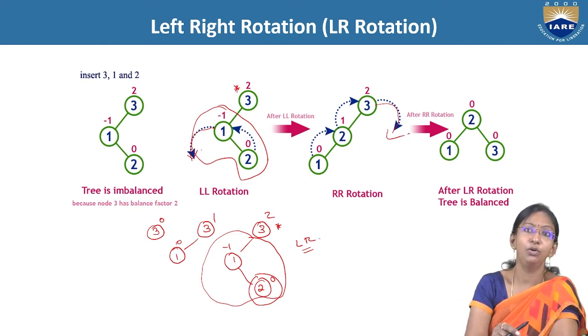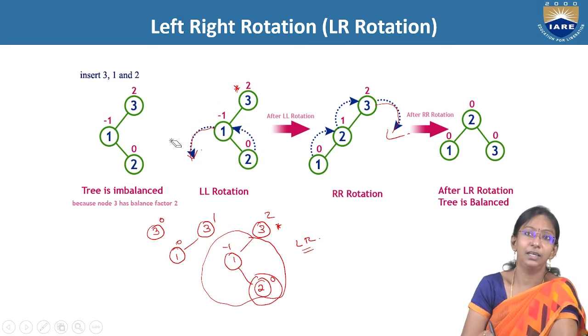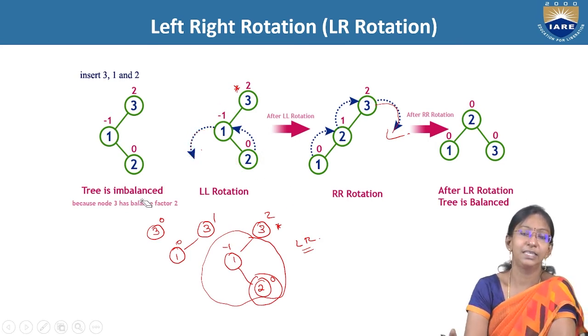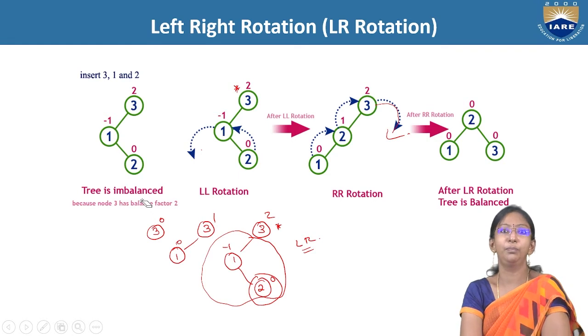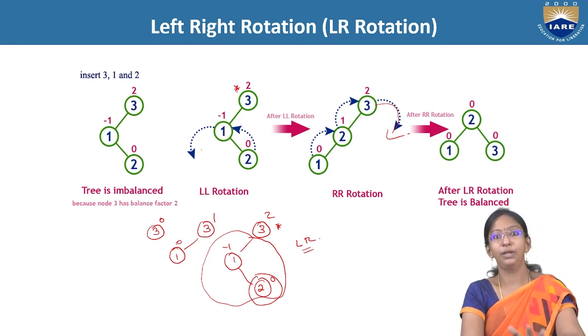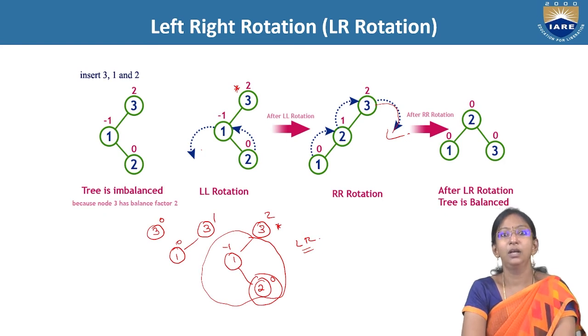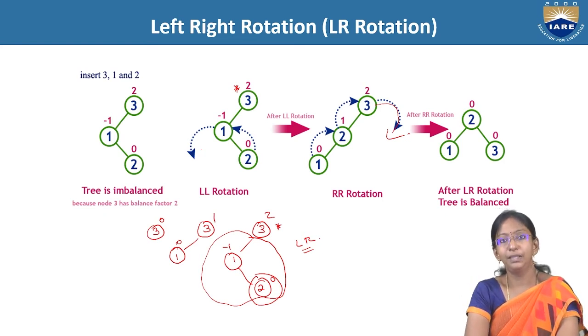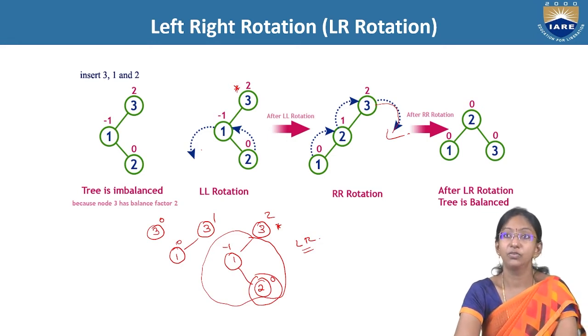In this scenario, first the left subtree of 3 is headed by 1. So it will be rotated towards left first. When you get a resultant one, now pull the affected node, that is 3, to the right side. So now the tree is balanced.